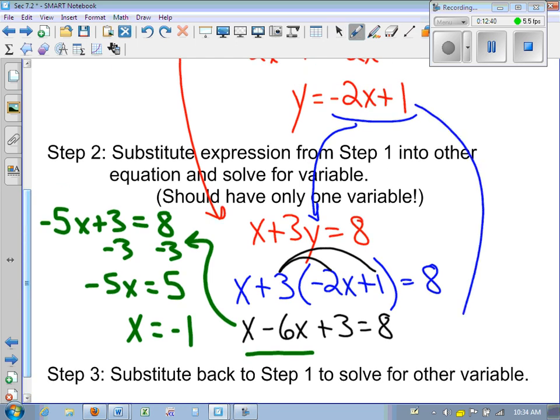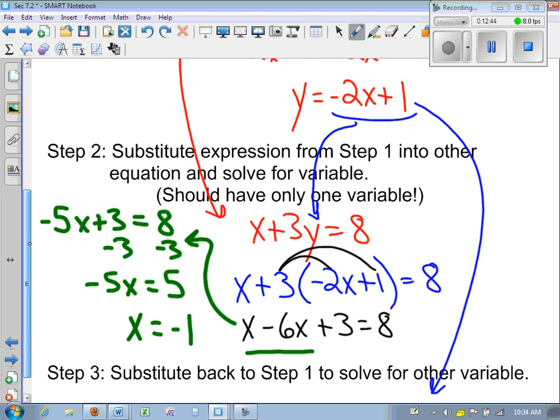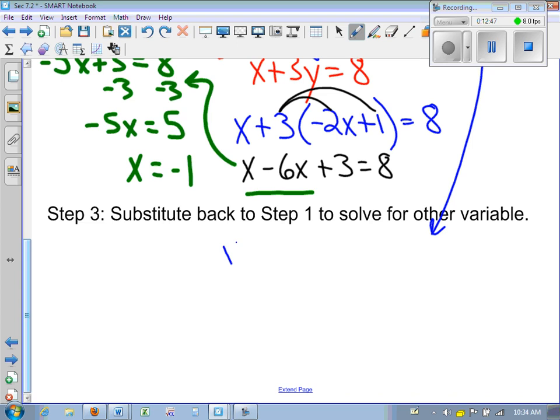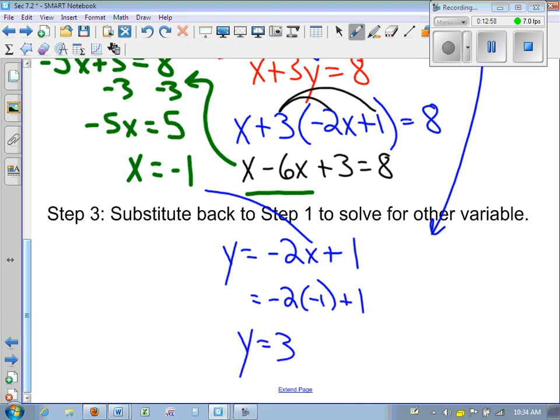Y equals negative 2x plus 1. Put my negative 1 in. I get y is 3. So x is negative 1, y is 3 is our answer.